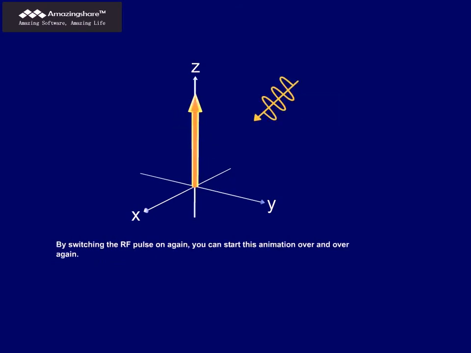By switching the RF pulse on again, you can start this animation over and over again.